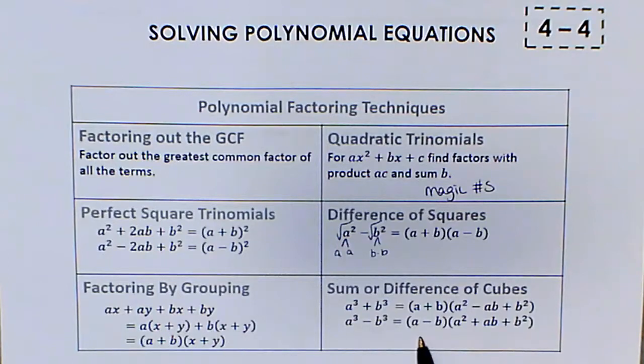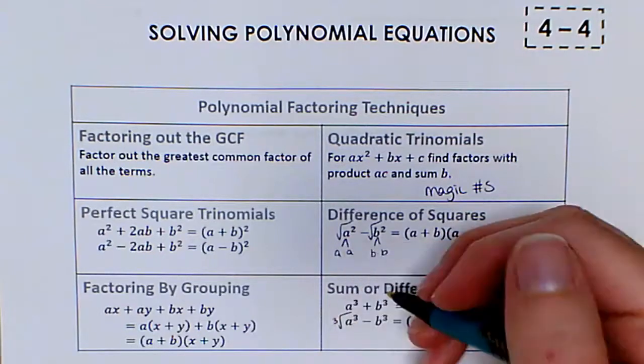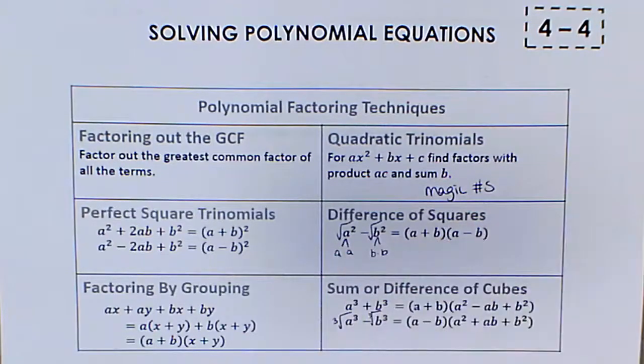And then sum or difference of cubes, which is the only one that doesn't have a square. It's one that has a cube. So if you notice that you have a binomial with two perfect cubes, either being added or subtracted, then you have a sum or difference of cubes problem. Basically, you can cube root, and whatever you get, you can put it together here, and then a times a times b times b.